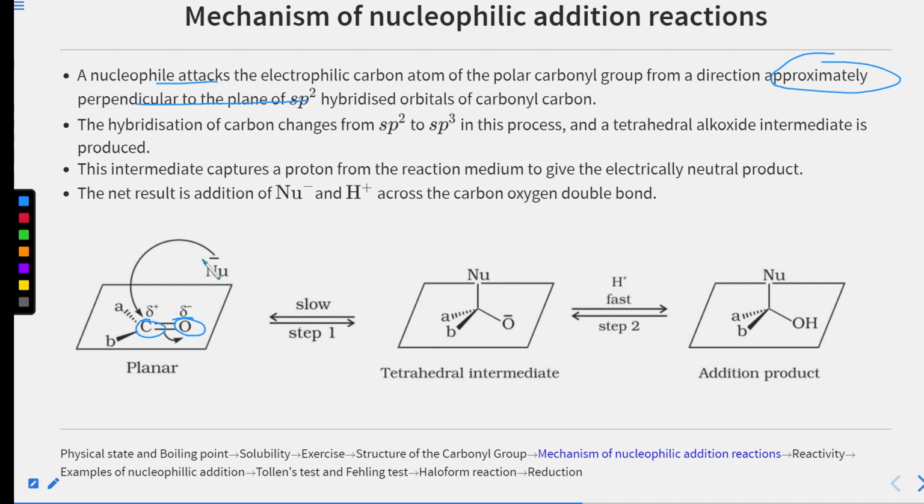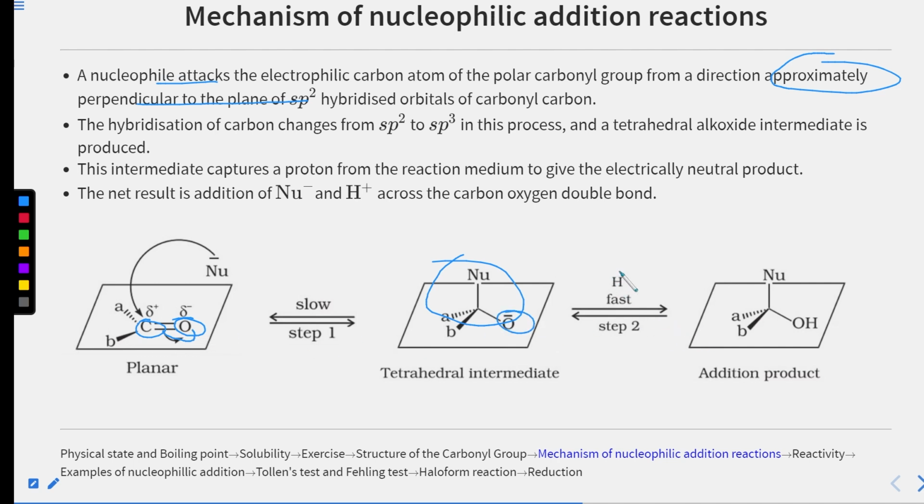Now once the nucleophile has attacked, we can see that the hybridization of this carbon has changed from sp2 to sp3. How would you notice this quickly without going into the electron distribution? Just see the number of atoms it has made bonds with. Initially carbon was bonded to 3 atoms. Now it is bonded to 4 atoms. Therefore it will be sp3 hybridized. Further, after this attack, the pi bond moves onto oxygen and creates a negative charge on oxygen.